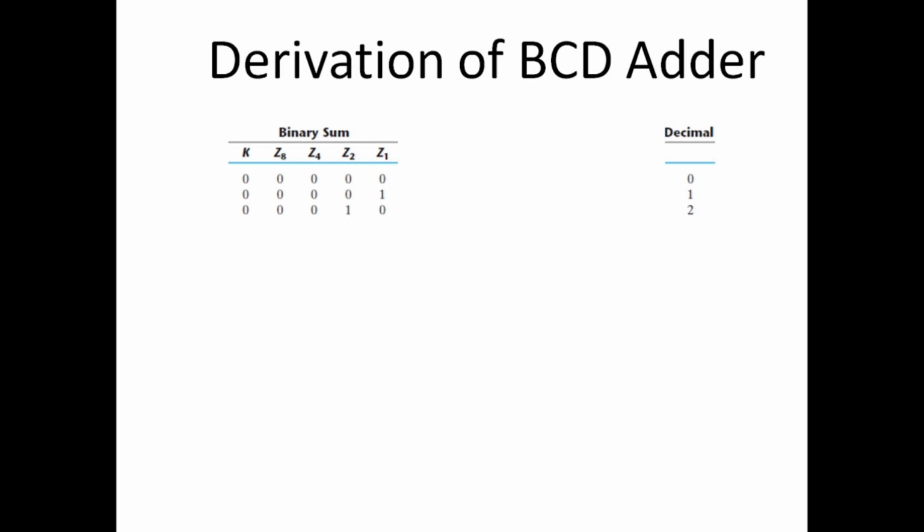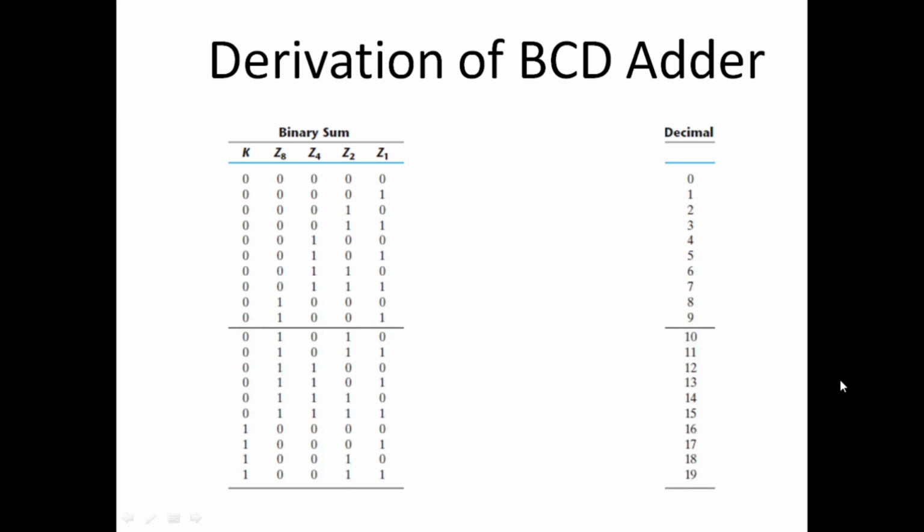And similarly for 2, if the output sum is 2, then in binary this 2 would be 1, 0, as we already know. It's very simple, and the output carry would be 0. And similarly for 3, the binary sum would be 1, 1, and the output carry would be 0. And if we continue this until 19, we would get this table.